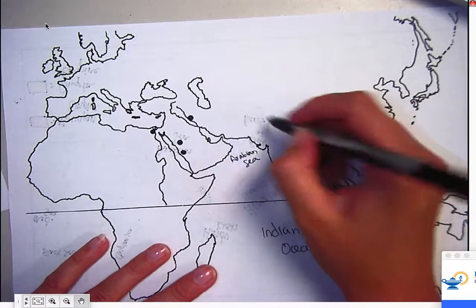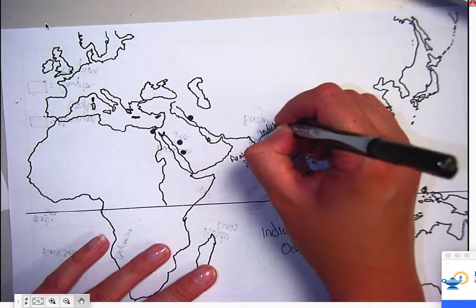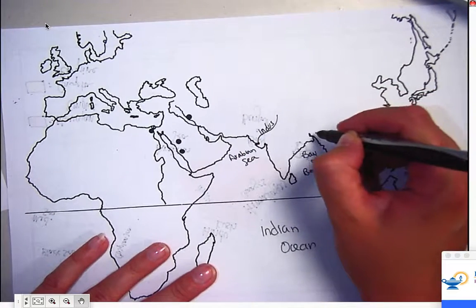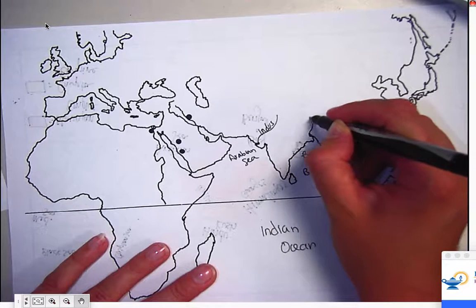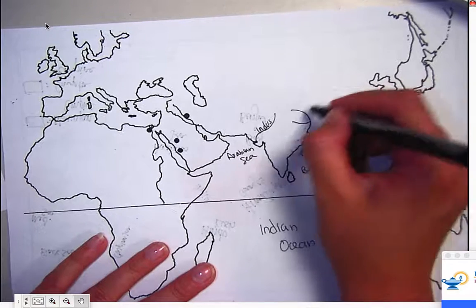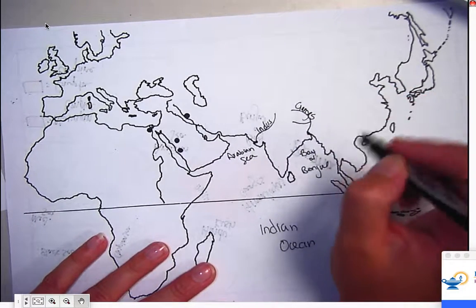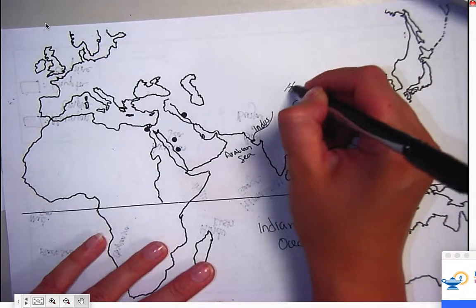Okay, we're going to draw in the Indus River, Ganges River. You have the Himalayas over here.